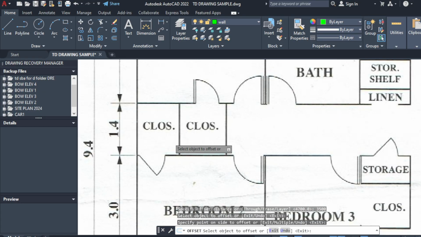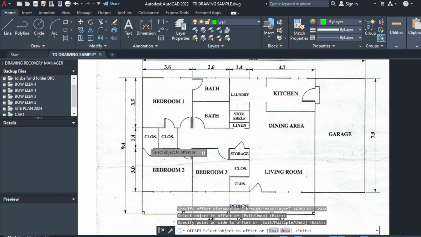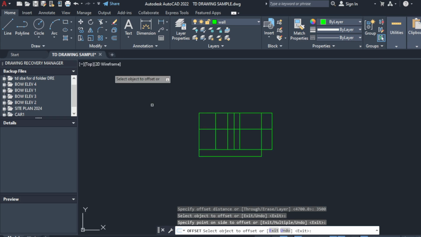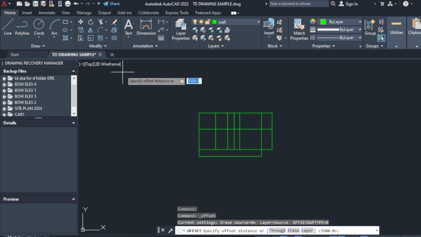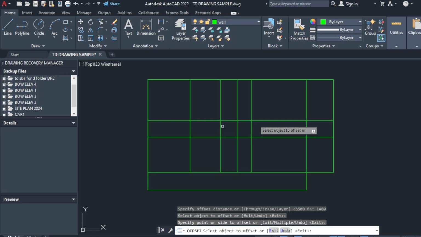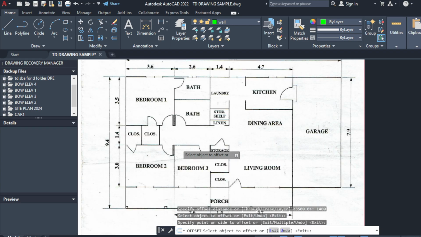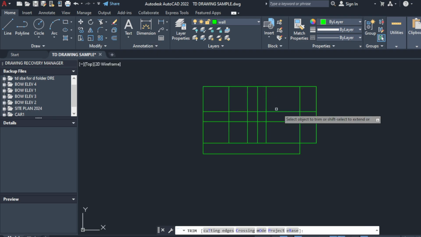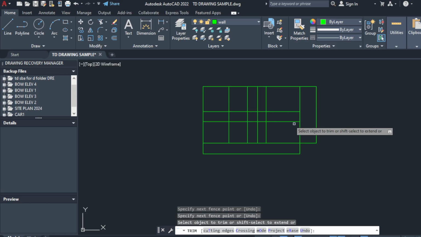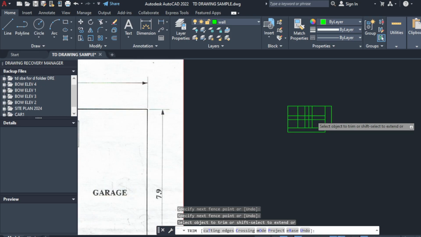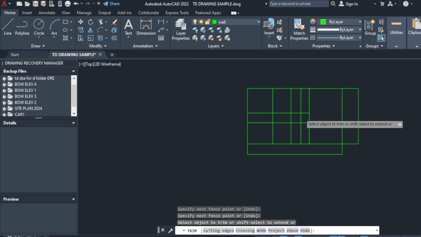My closet space is 1400 millimeters. So I offset that, come downwards. And then I'm going to trim up all those unnecessary lines. I'll trim them up.